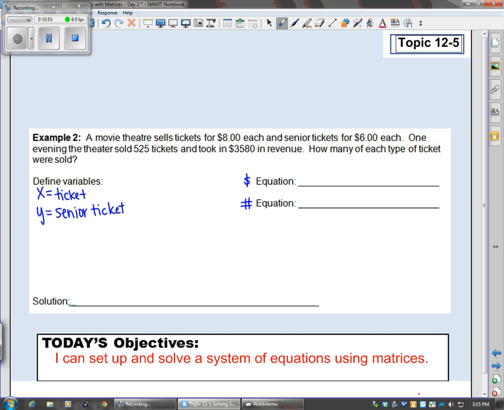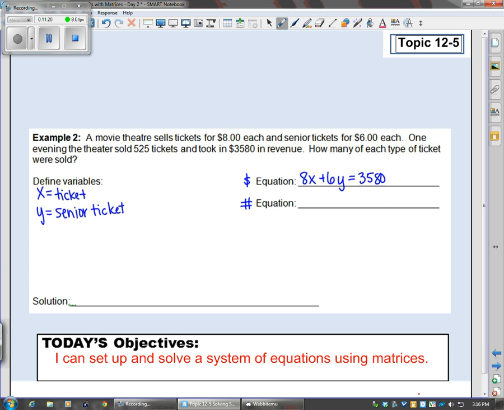So, when you collected $8 for every ticket and $6 for every senior ticket, how much money was collected? $3,580. This is our money statement. $8 for a regular ticket and $6 for every senior ticket that was sold gave them a total of $3,580.